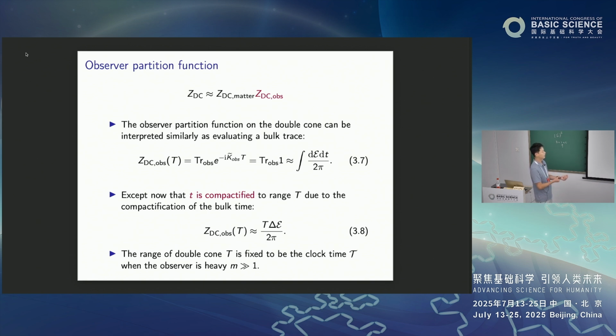The little t is a coordinate time. This little t, recall, is a relative time shift between the two observers.